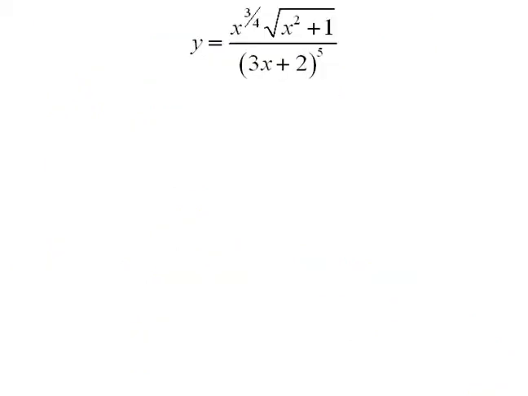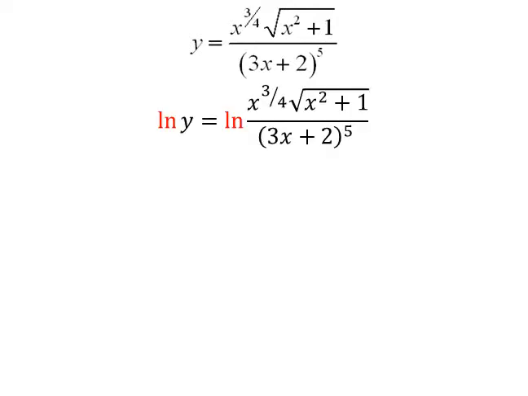A case in which logarithmic differentiation can make something you already know how to do easier is when we have an expression full of products, quotients, and exponents. Here we have y equals x to the 3/4 times the square root of x squared plus 1 divided by 3x plus 2 to the 5th power. Take the natural log of both sides first.